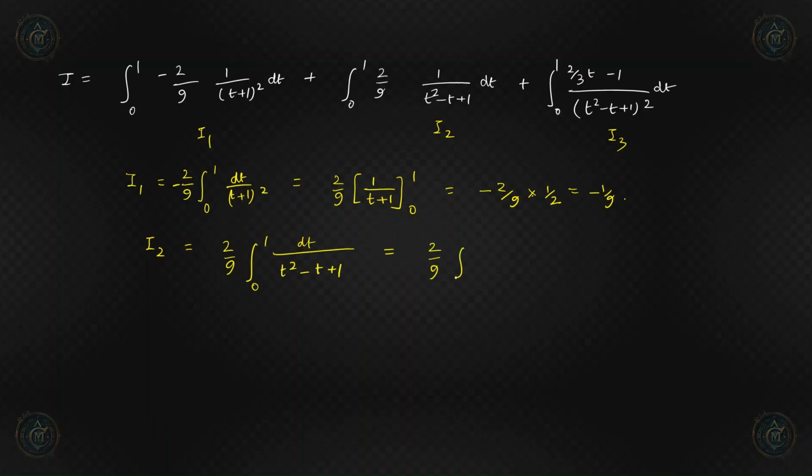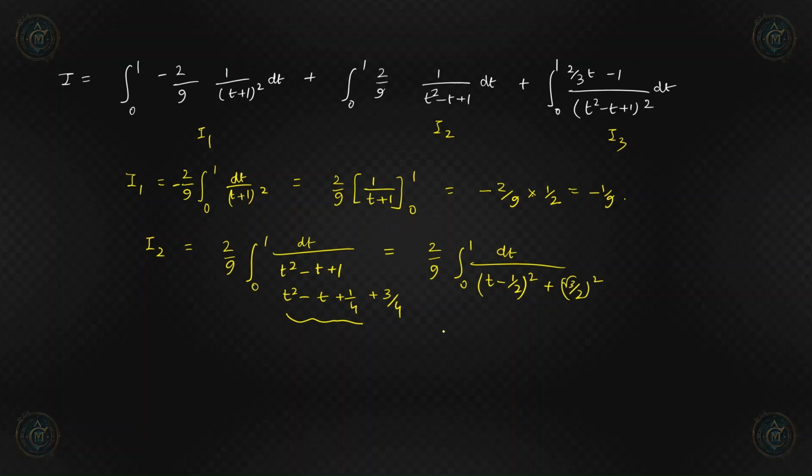This will be 2 by 9 integral 0 to 1 dt divided by t minus half whole square plus something. We can write this as t square minus t plus 1 by 4 plus 3 by 4, right. And this is a perfect square, which is t minus half whole square plus root 3 by 2 whole square.